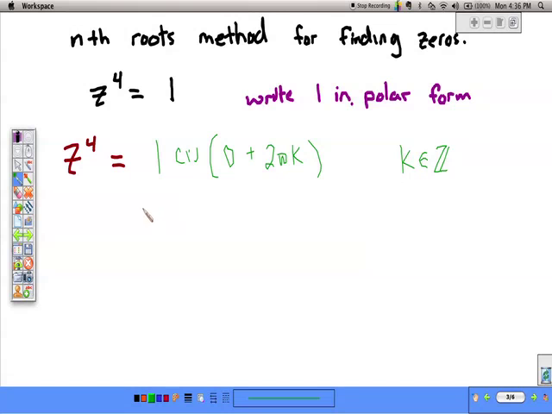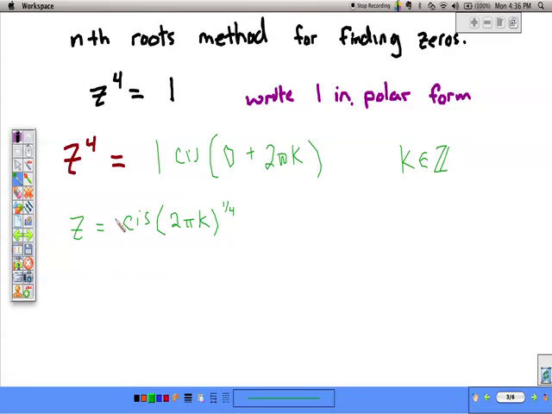Now, using de Moivre's theorem, actually before I use de Moivre's theorem, z is going to be CIS of 2 pi times k to the 1/4, the 4th root. Now I can use de Moivre's theorem.